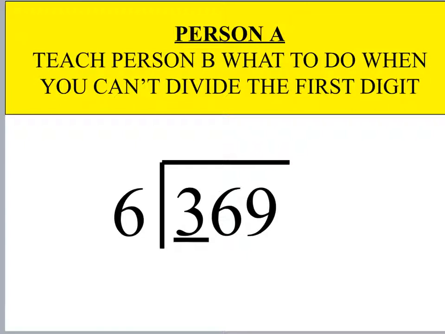Terrific. If you said something like, we go 3 divided by 6, but we work out we can't do that, so you put the 3 next to the 6, and then you do 36 divided by 6, that's correct. If you decided not to do that, and you said 3 divided by 6, but we can't do that, so all you need to do is think of it as 36 divided by 6, and then your answer goes up here.